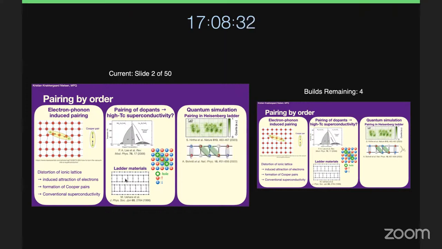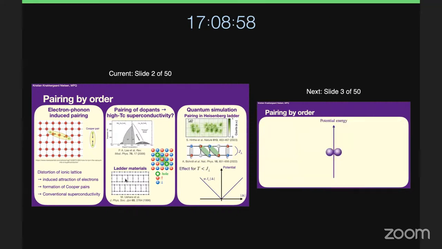Essentially the physics in this ladder is described by a lattice that has a strong rung spin coupling. This leads to the formation of singlets, and as these dopants move apart, that leads to basically a linear increase in the energy. This kind of effect is realized at low temperatures, where the temperature is small compared to the spin coupling.